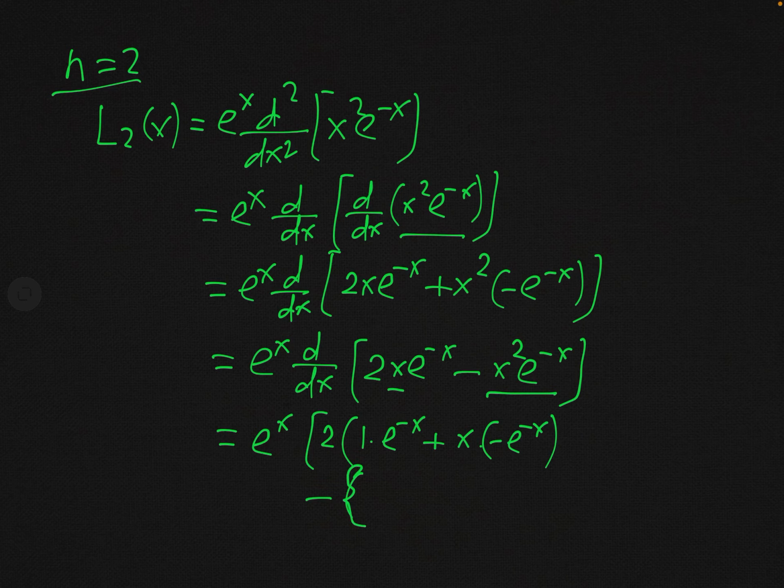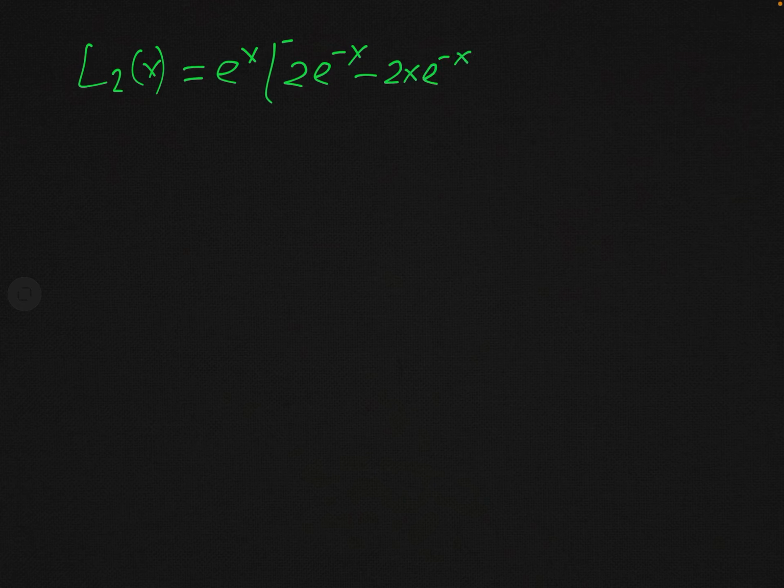In fact, this will be 2x times e to the power minus x, plus x square times minus e to the power minus x. So see here, after simplification what will be our result, you can easily see.